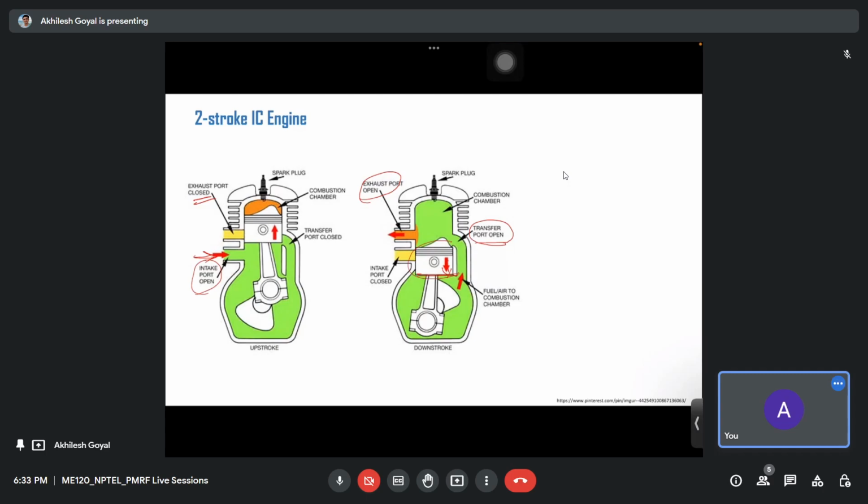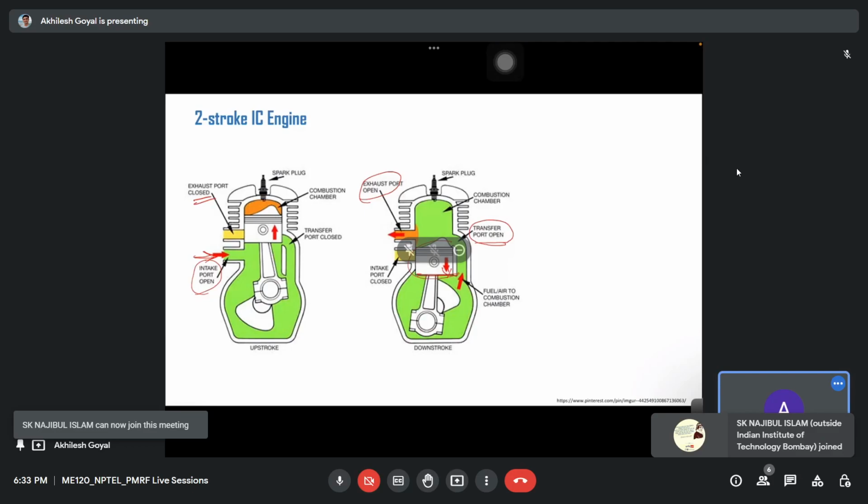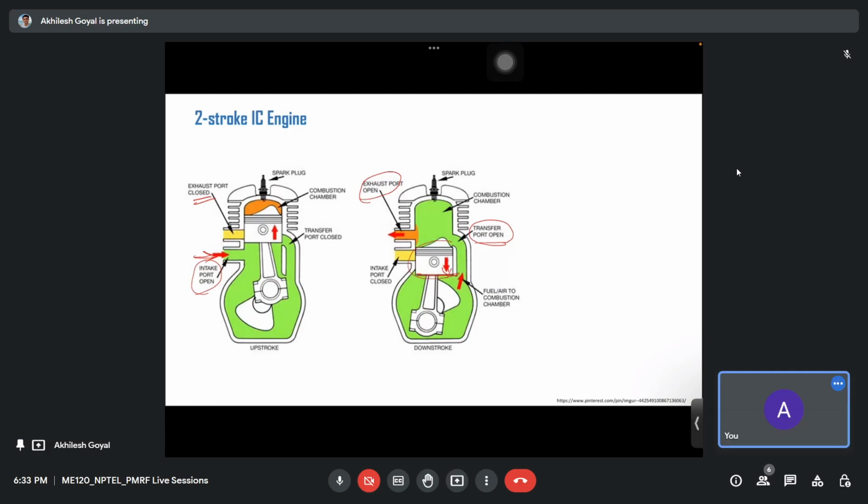Through the exhaust port, the burned gases are going out, and at the same time the intake air or air fuel mixture is also coming into the cylinder. Because these two operations are taking place at the same time, this coming of fuel air mixture into the cylinder helps in pushing the exhaust gases out from the exhaust port.